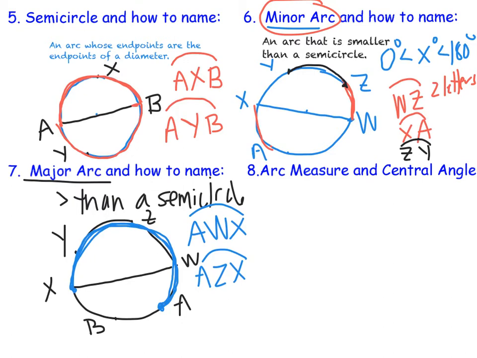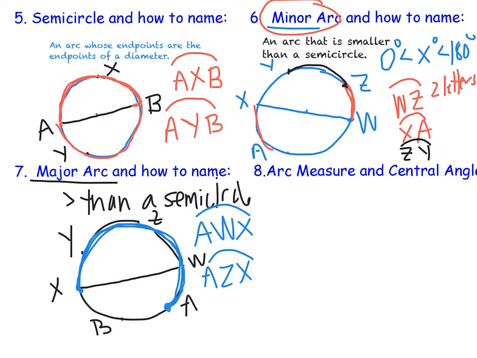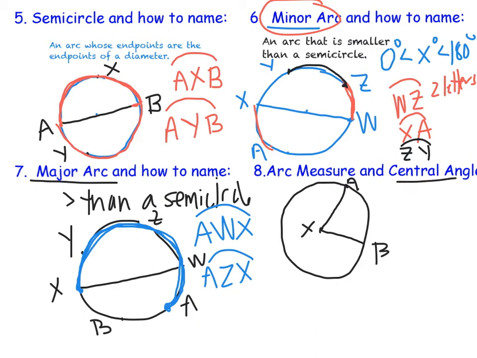All right, so next we have a central angle. A central angle is an angle whose vertex is, guess where? At the center of the circle, okay? So let's say central angle, your vertex, write this down, the vertex is at the center of the circle.